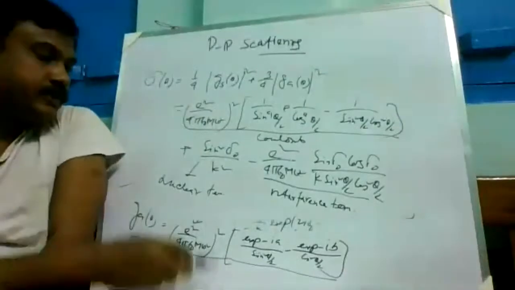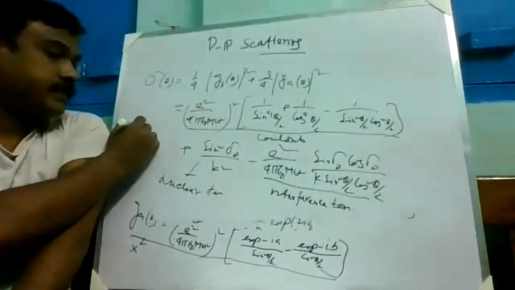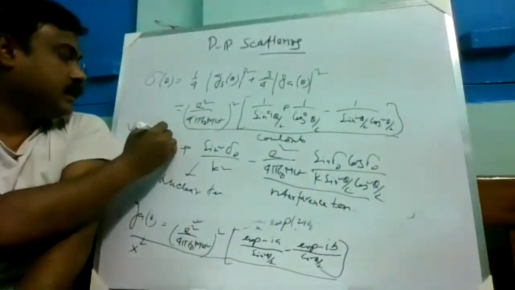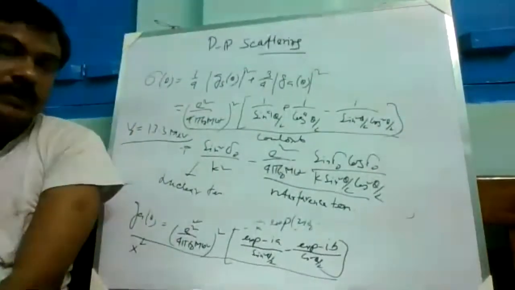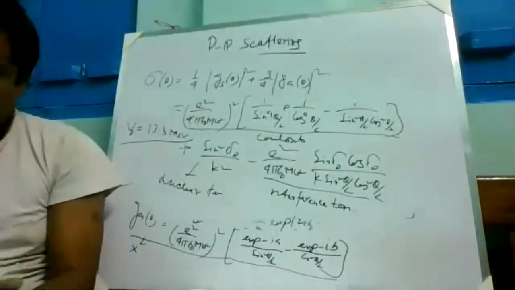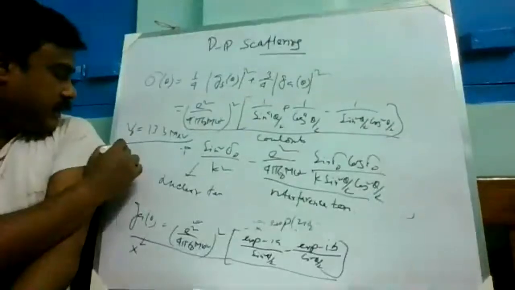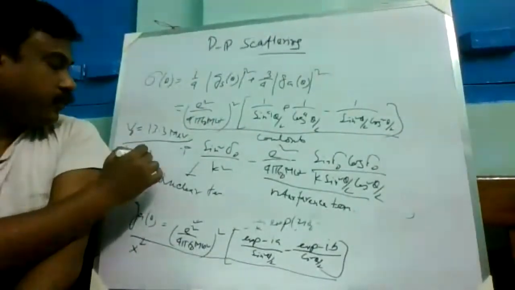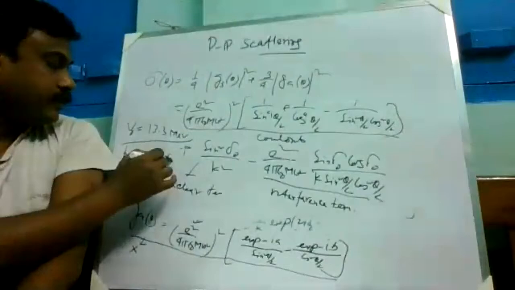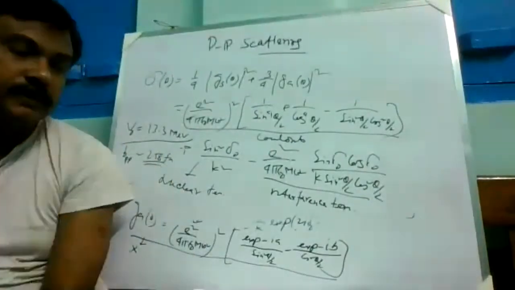The depth for PP scattering is somewhat larger, 13.3 MeV, whereas it was 13 MeV for NP scattering. And the potential range b for PP was of the order of 2.58 fermi. We have taken it as 2 for NP scattering.